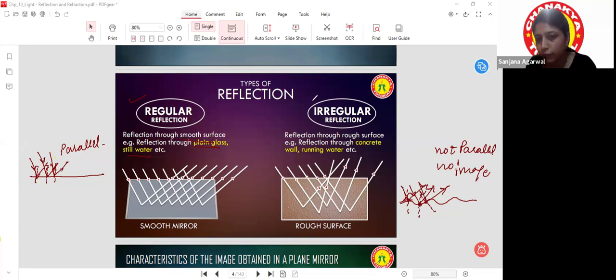Such reflection is known as irregular reflection. So reflection from a concrete wall, running water, or any other thing like a door, or the fabric, the material which I am using right now for writing, each of these objects reflects light irregularly.